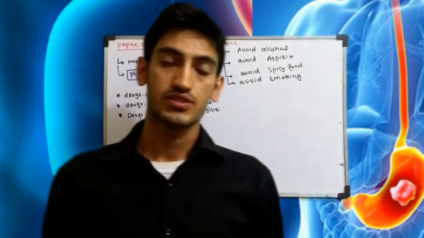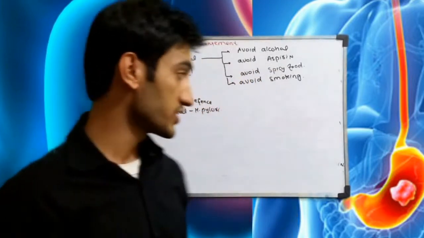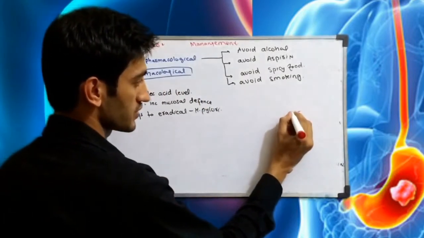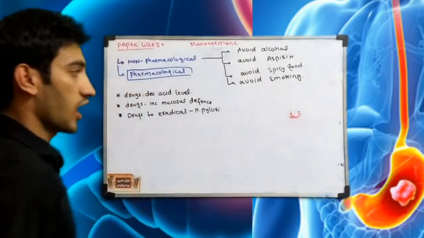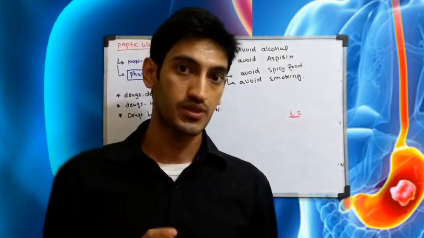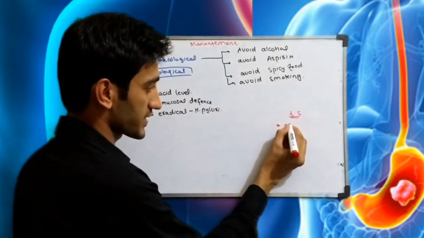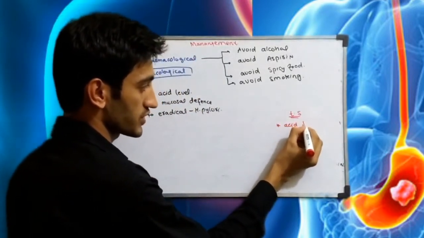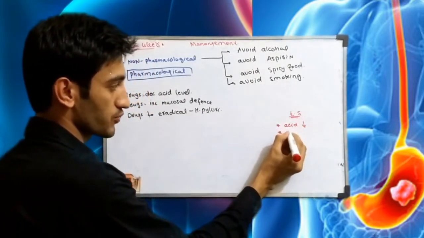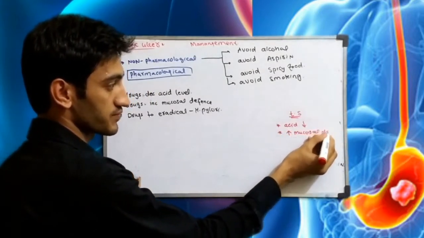How to remember these groups of drugs? You should remember the treatment strategy. What is our treatment strategy? Our treatment strategy is 3 points you should remember. First, we are going to decrease the acid level. The second treatment strategy, we have to increase the mucosal defense.